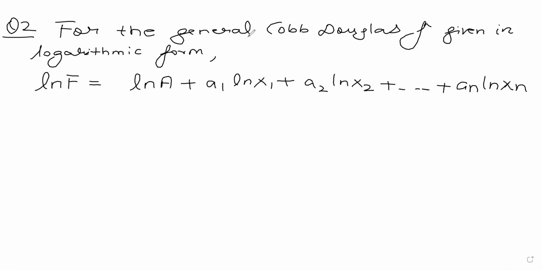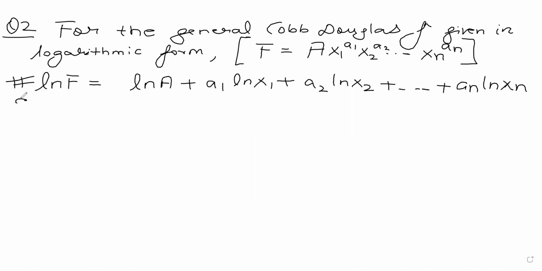What is my Cobb-Douglas production function in general? F is equal to a x1 to the power a1, x2 to the power a2 multiplied n times xn to the power an. This is my general Cobb-Douglas production function. If I take natural logs on both sides, this is what I get.